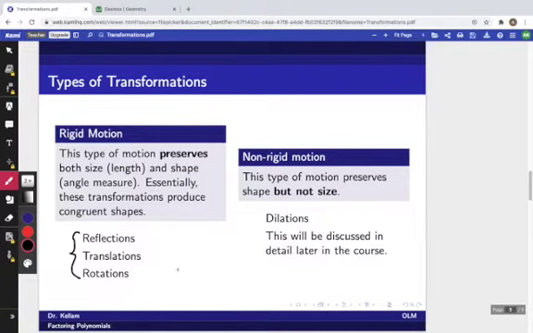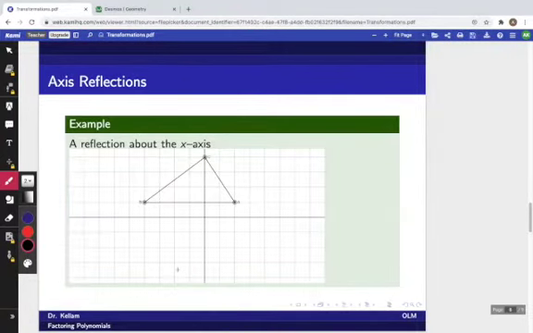So we're going to look at a couple of examples. First we're going to look at a reflection about an axis. So this first one, we're going to reflect about the x-axis.